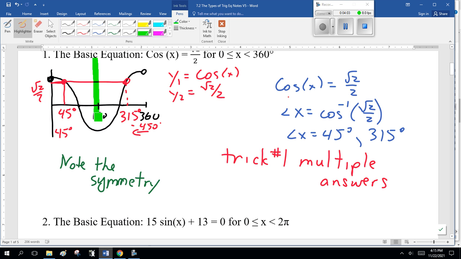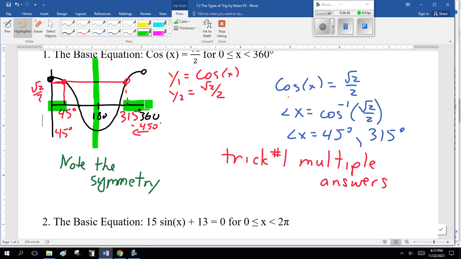Draw a line down the middle. You notice how this is a reflection across the line x equals 180 degrees. So if you get one answer at 45 degrees, the other answer is 45 degrees from the end. Note that, please. So note the symmetry and note the trick.